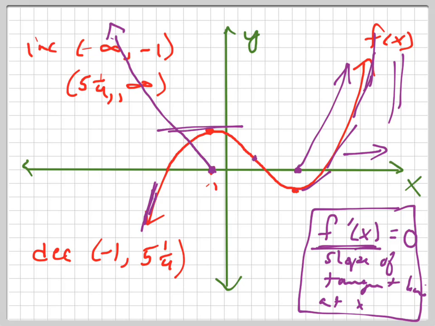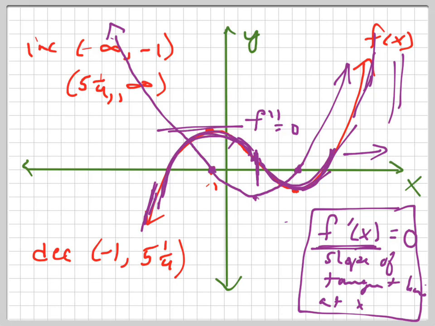See how it's concave down and concave up? That's where f double prime equals 0, because that's where the concavity changes. It's called an inflection point. And that's the bottom point of my derivative, single derivative.